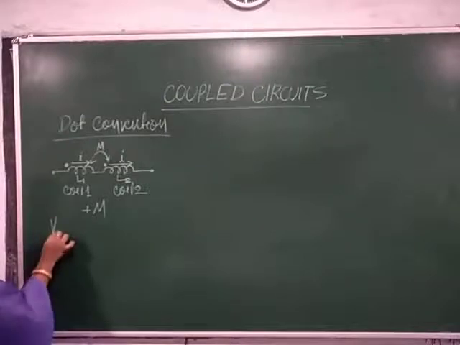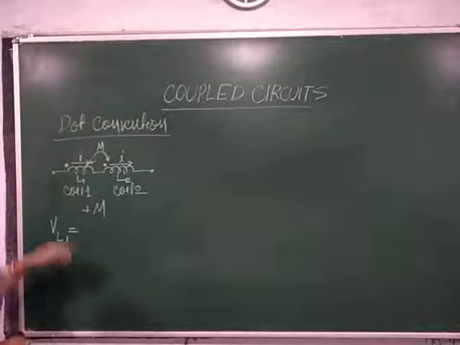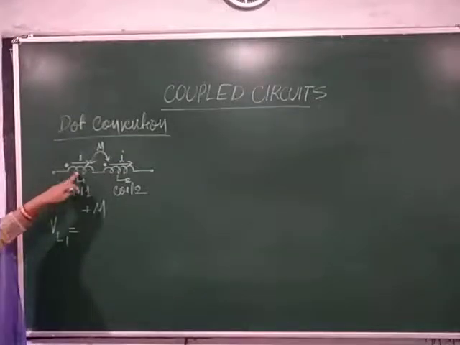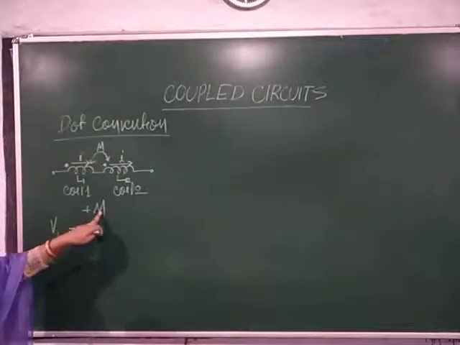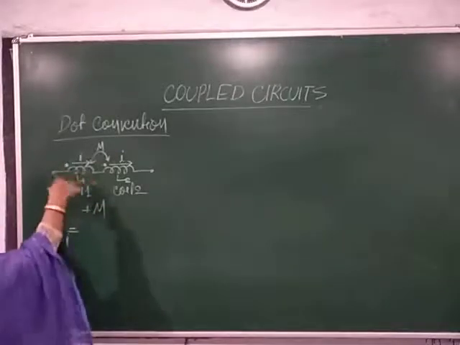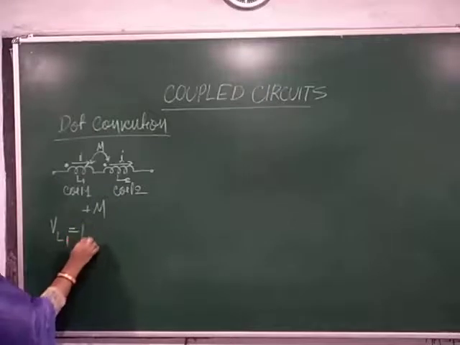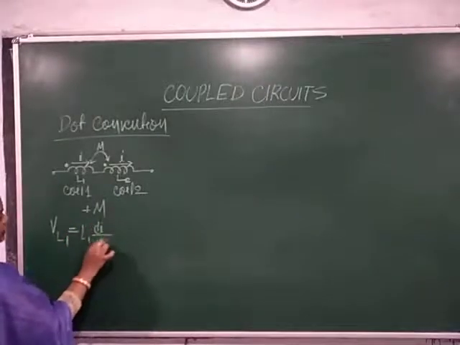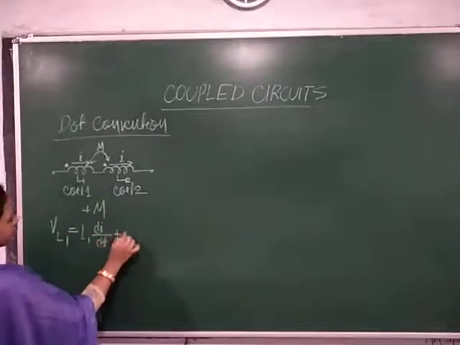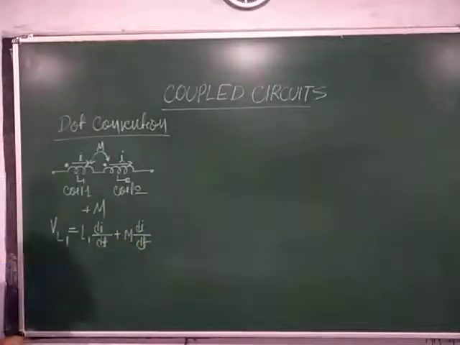So the voltage of coil 1 is the voltage due to self inductance plus the voltage due to mutual inductance. Hence the total voltage induced in coil 1 is L1 di by dt plus M di by dt.